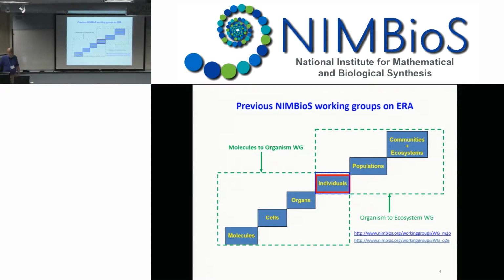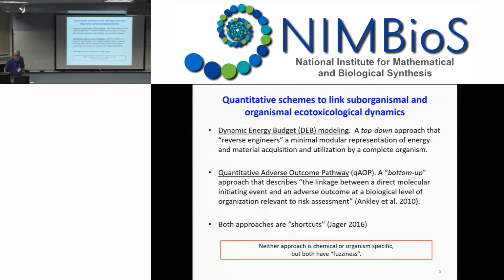A second working group led by Valerie Forbes and Chris Solis looked at transitions from organism to ecosystem and even ecosystem service levels. And I've put the URLs for these on the slide, but if you just go to the Nimbus webpage, you'll find the descriptions of these groups fairly painlessly.